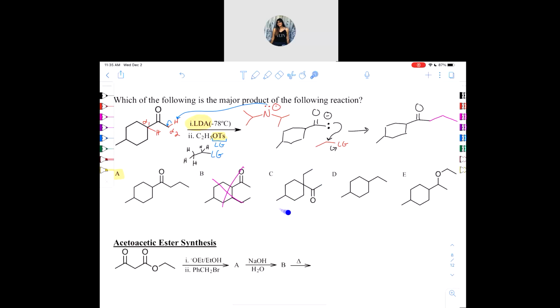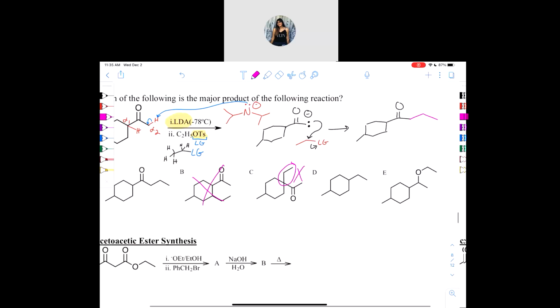This one, I can see where you would get tripped up because it's adding to the more substituted carbon. The way we cancel this out is because we see LDA. We know automatically you have to add to the less substituted side. So because of this, it's out.